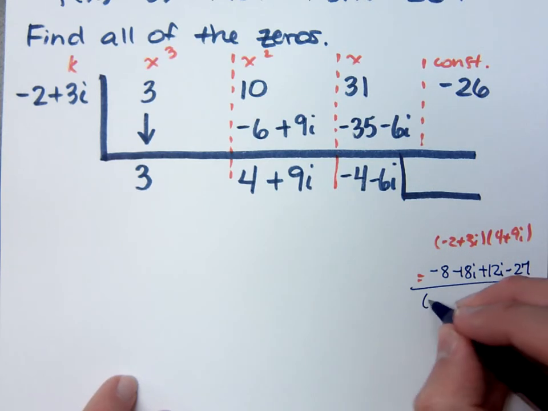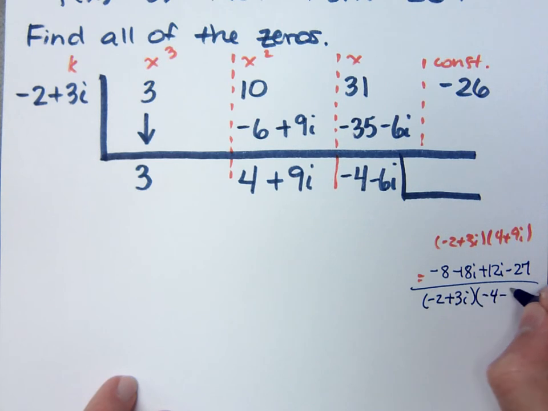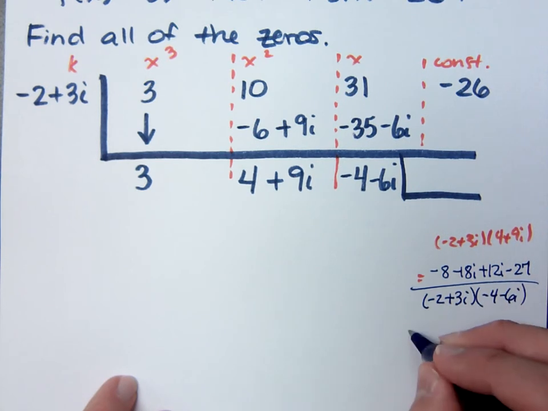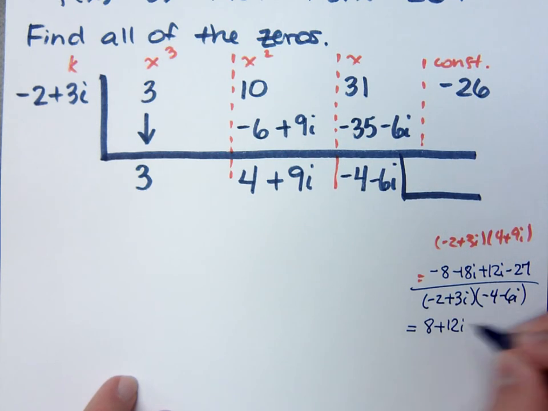So now I have to do negative 2 plus 3i times negative 4 minus 6i. I get 8 plus 12i minus 12i. Oh, that's nice. Positive 3i times negative 6i is negative 18i squared. What does negative 18i squared become? 18 plus 8.